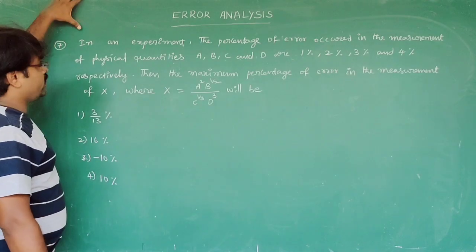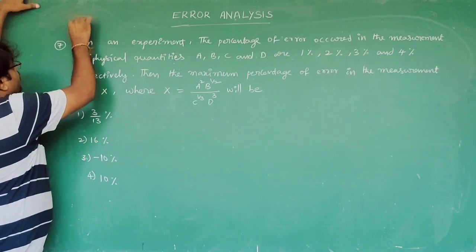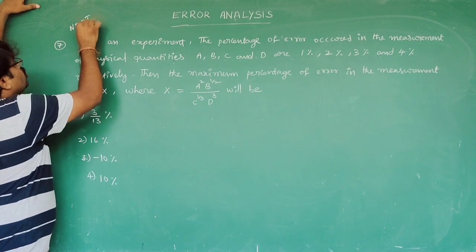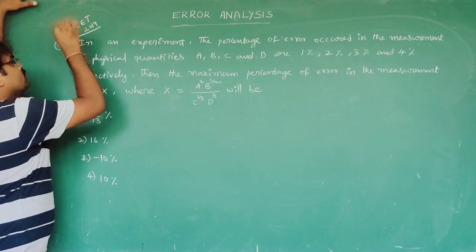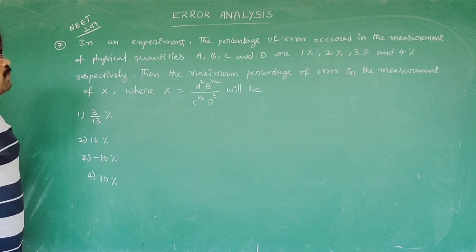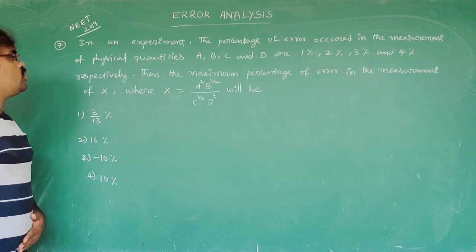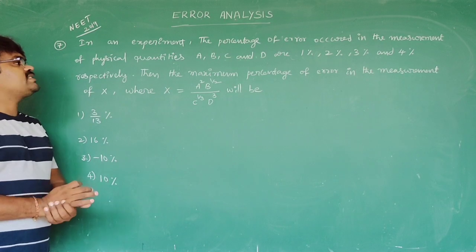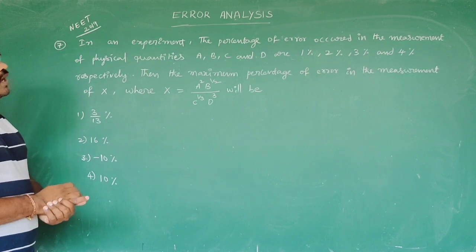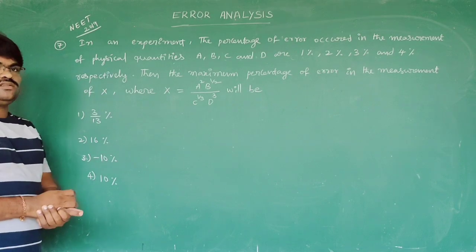Now we are going to the seventh problem. This is the NEET 2019 problem. It's very simple. You can see that in an experiment, the percentage errors that occurred in the measurement of physical quantities A, B, C and D are 1%, 2%, 3% and 4% respectively.